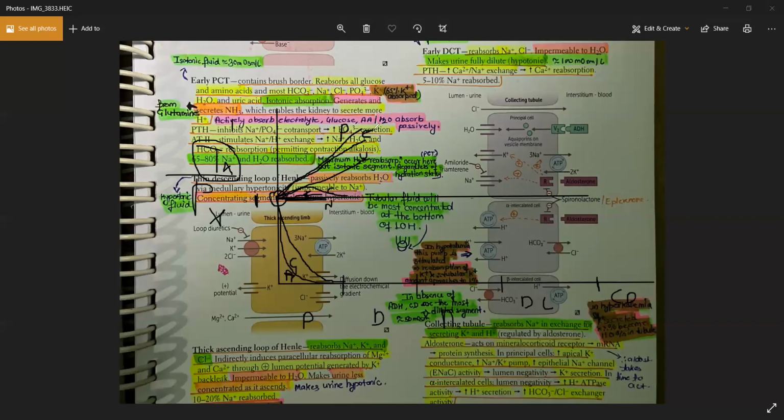What about the inulin? Higher or lower than this creatinine? Inulin is a little lower. Exactly, it is lower than the creatinine. Why?